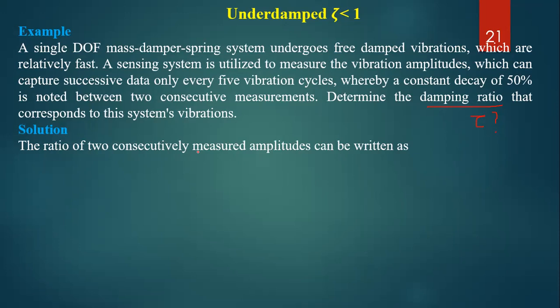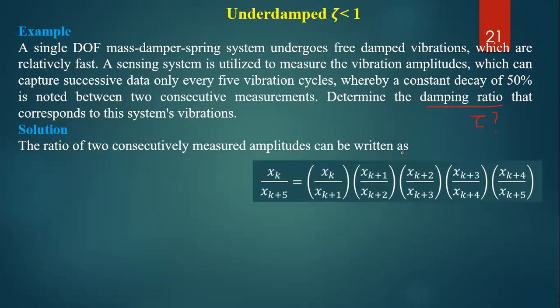The ratio of two successive measured amplitudes can be defined in this formula. So xk over xk plus 5, where this 5 is n, the number of cycles.